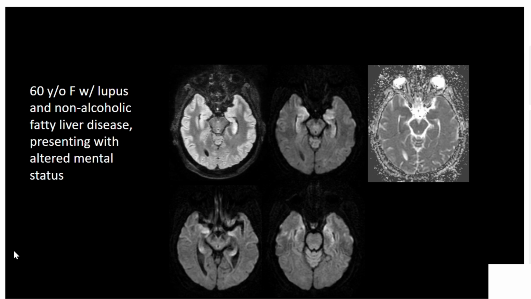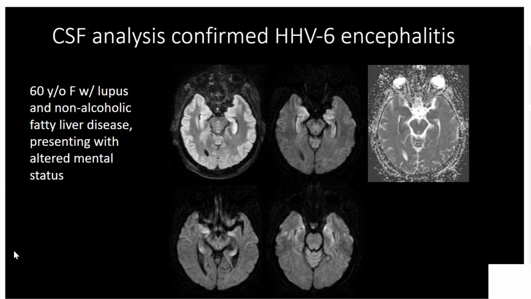So that's the leading differential: herpes encephalitis or post-seizure effect are kind of the top two. You look for risk factors for both. This patient did not have seizures, no history of status epilepticus. And so here we led with herpes encephalitis, and they did a lumbar puncture and confirmed this was HHV.